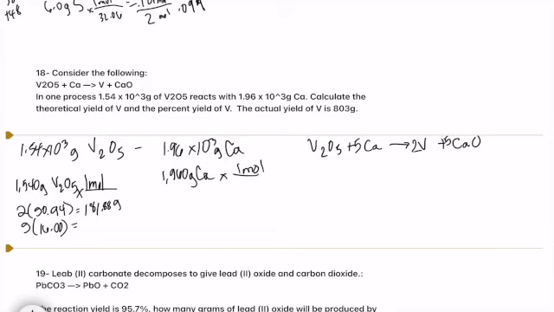We do the same thing over on the other side with calcium. We look up calcium on the periodic table. And again, it's relatively heavy compared to most of the other ones we've dealt with so far. And we see it is 40.08 grams per mole.